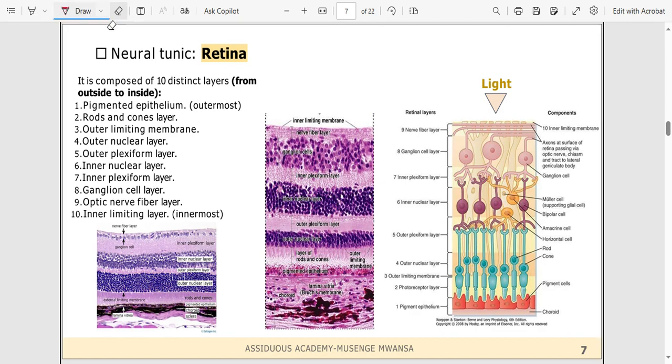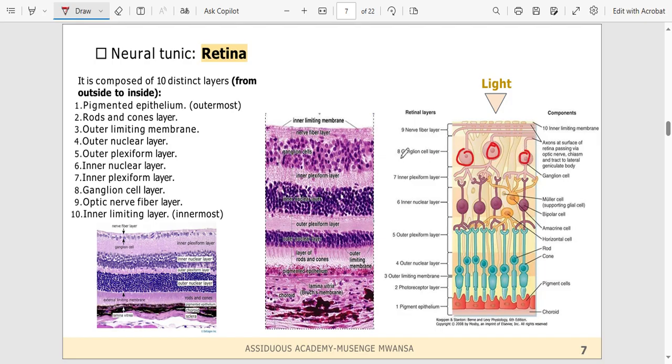After that inner plexiform layer, can you see we also have cell bodies of the ganglion cells. So I've got the ganglion cell layer. And then after the ganglion cell layer, you are going to have the nerve fiber layer, because these are nerve fibers.